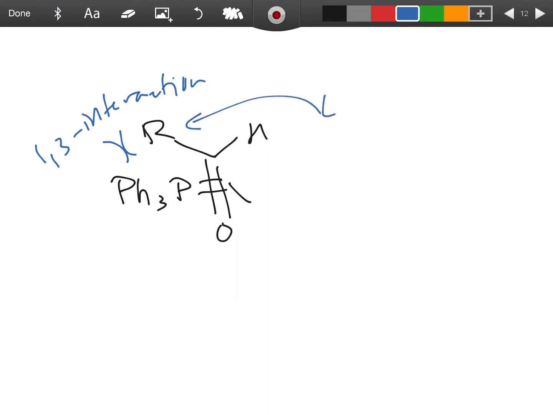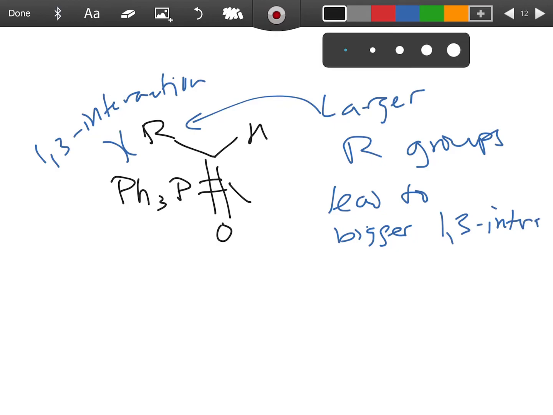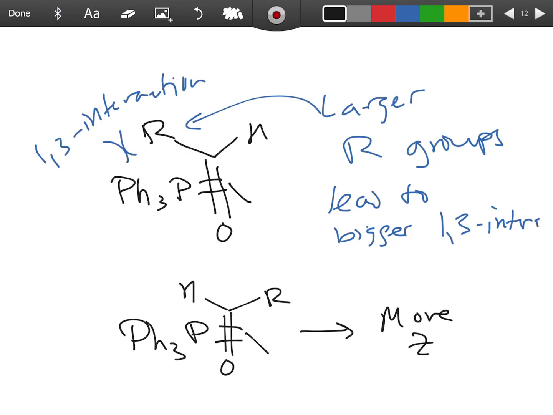So larger R groups lead to bigger 1,3 interactions, which favors flipping it over. You want to move that R group away from the phosphorus, and then this leads to more Z double bonds.